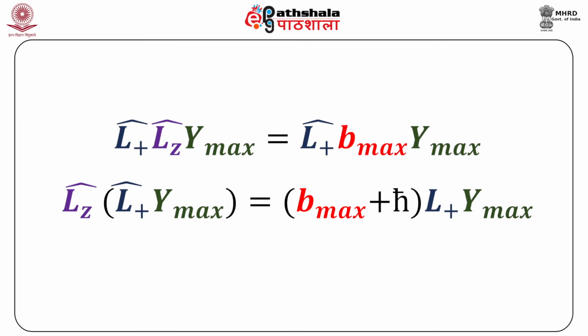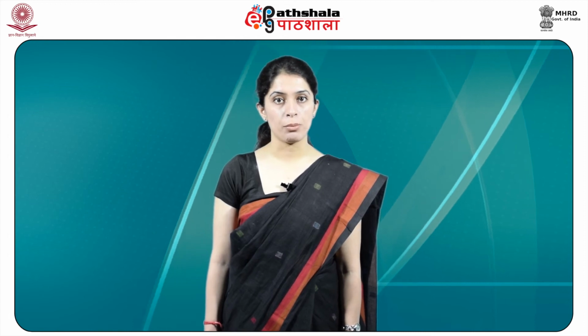This further can be simplified as Lz L plus ψmax equals (bmax plus h cross) L plus ψmax. This eigenvalue, obtained by application of the raising operator, is h cross higher than bmax, which contradicts our definition of bmax as the largest eigenvalue of the Lz component.